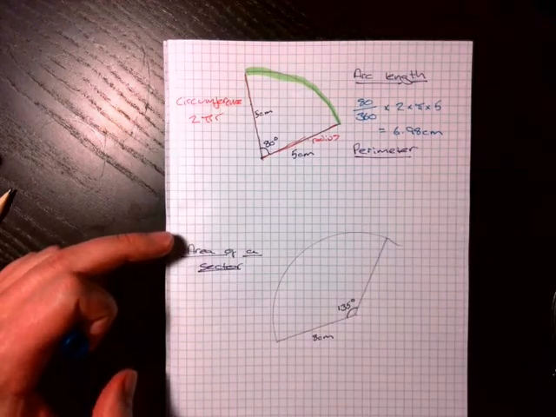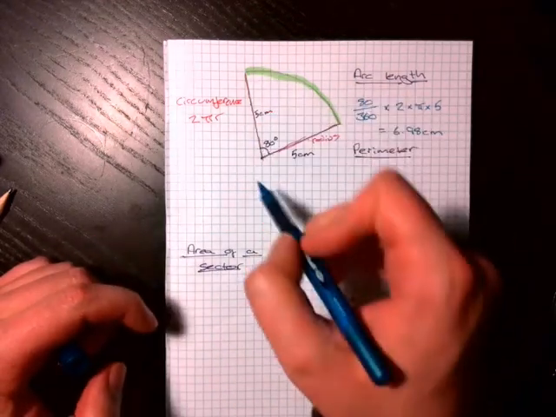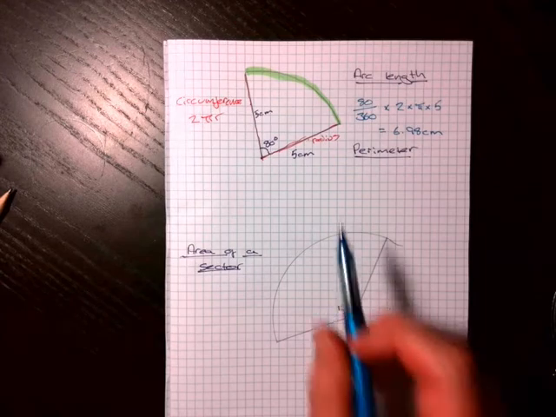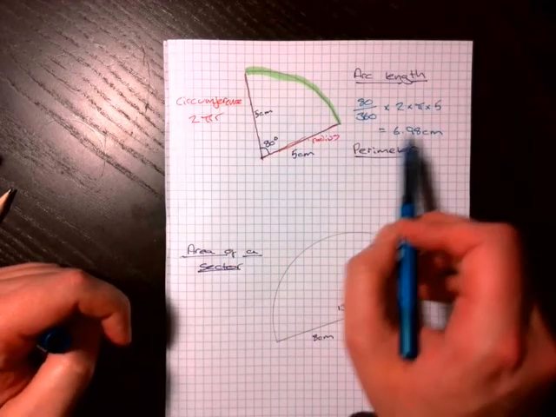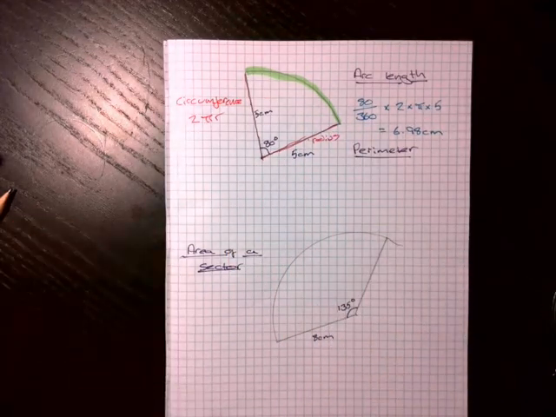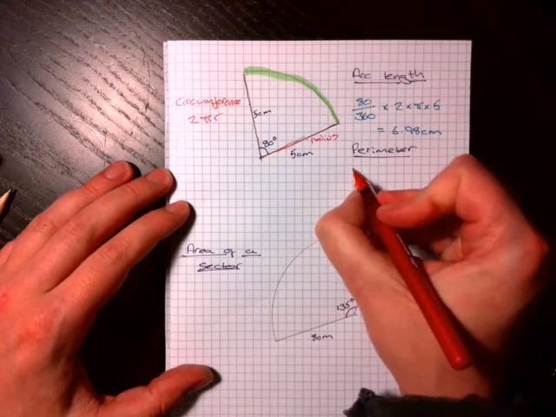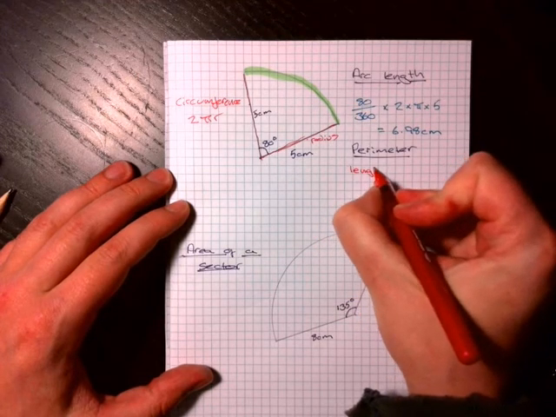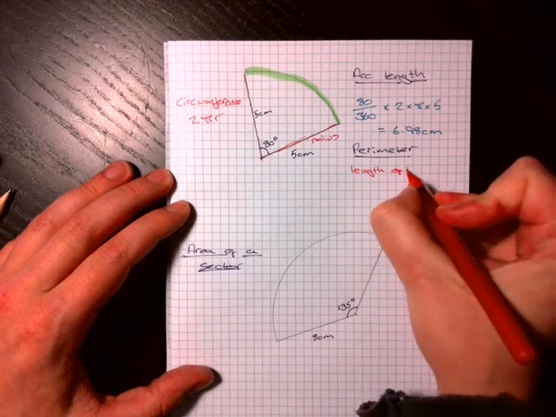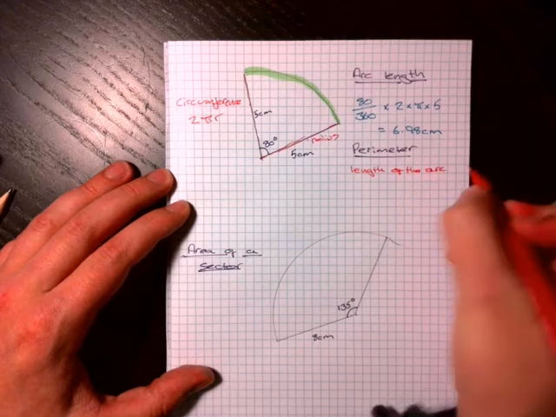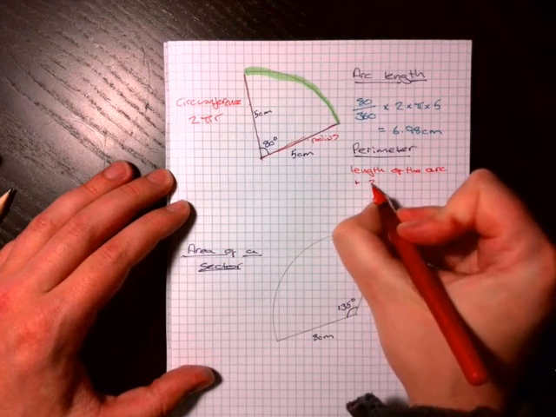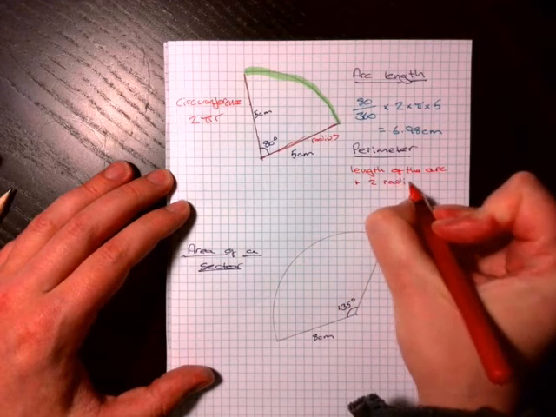Now, if we want the perimeter of a sector, then we need to find the length of the arc, like we've done just here, but we've then got to add on these two radiuses. So it's the length of the arc plus 2 radii.